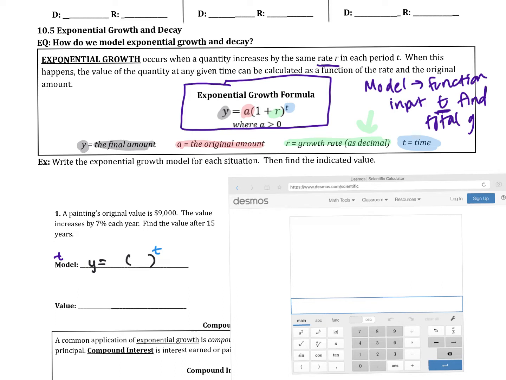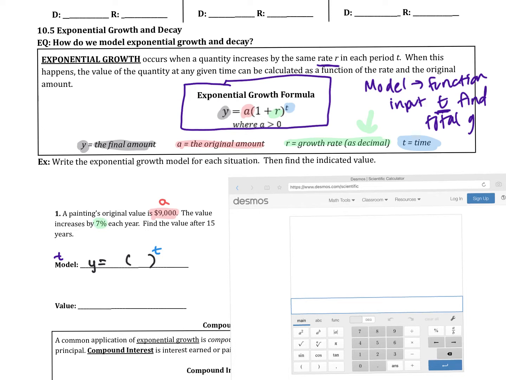So let's go ahead and read through this. A painting's original value, which would be the amount that we started with, is $9,000. So we actually just figured out what our A value is. The value increases by 7% each year.